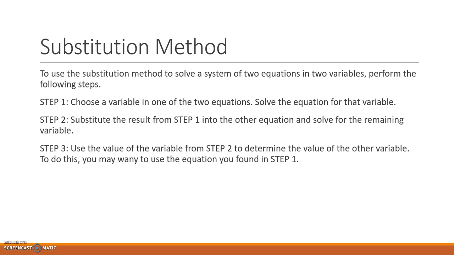To do this, we will use the equation we found in step one. Please note that when we are using the substitution method, we will always use step one and step two. However, we may not always have to do step three. Step three relies on finding a value in step two. Sometimes we don't find a value. Sometimes we find either a number equal to itself or a number not equal to another number. And these are the three types of solutions that can result.